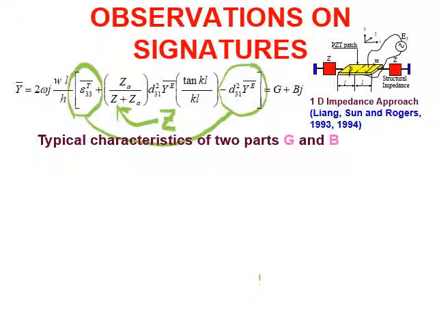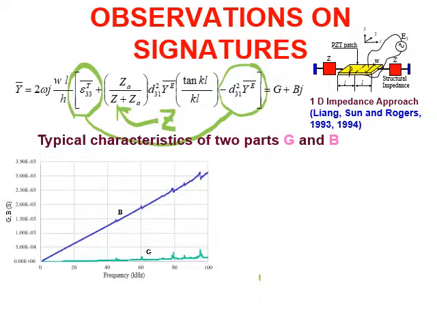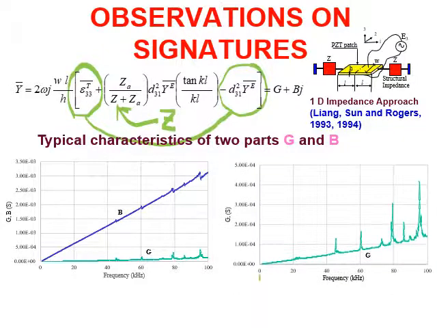Now let's see the typical characteristics of the two components G and B. If we see G and B, typically they would appear like this. What we can do is see G individually. We find peaks in the signature of the real part.